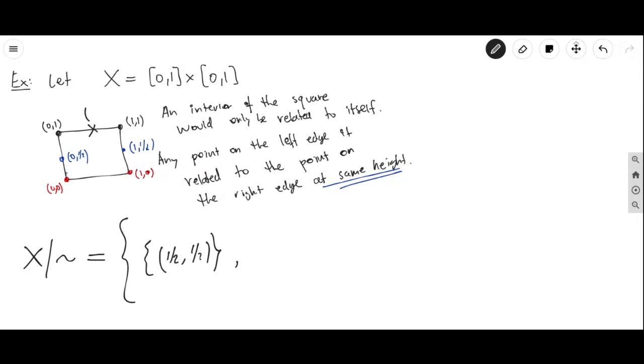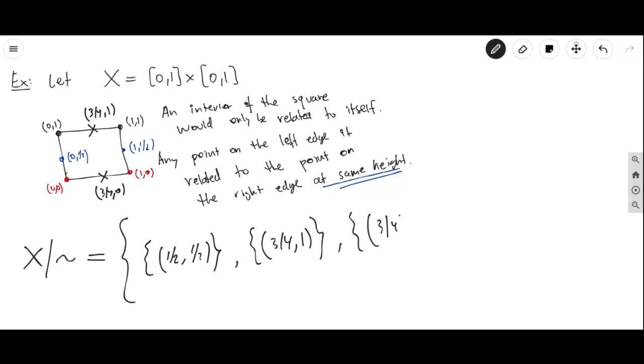Let's say that is at 3/4, 1, and this is 3/4, 0. These are not being related to each other. You're only relating the left and right edges. The upper edge and the lower edge are not being glued together. So the point 3/4, 1 is only related to itself. It's not related to the point which is below it.